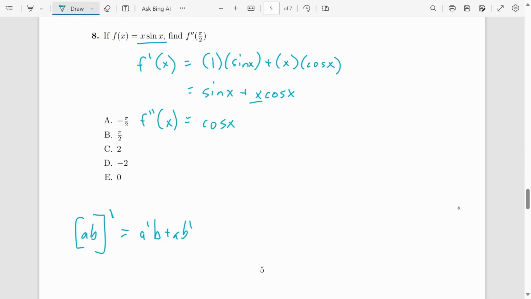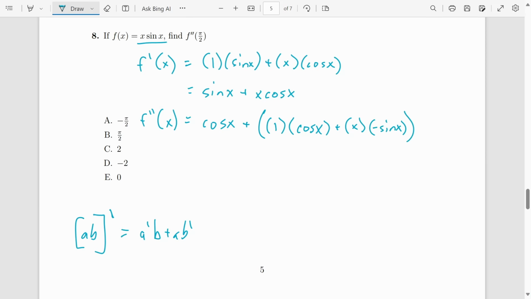So in this case, a is x and b is cosine x. So doing all that, we get a prime, so derivative of x is 1 times b, cosine of x, plus a, which is x, times b prime, derivative of cosine x, that's negative sine of x.